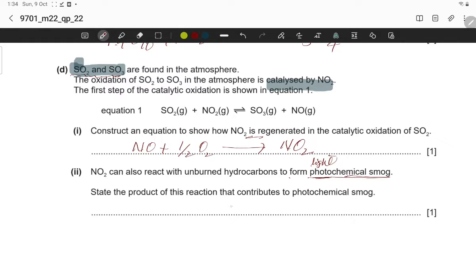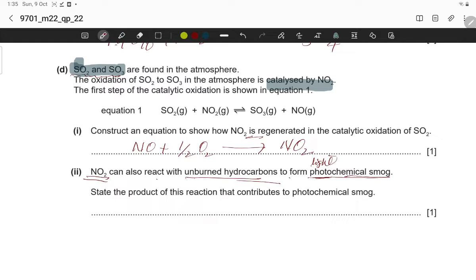State the product of this reaction that contributes to the photochemical smog. You know that in car exhaust, nitrogen dioxide and carbon dioxide are released directly emitted from the car exhaust, but nitrogen dioxide can also react with unburnt hydrocarbon to form photochemical smog.